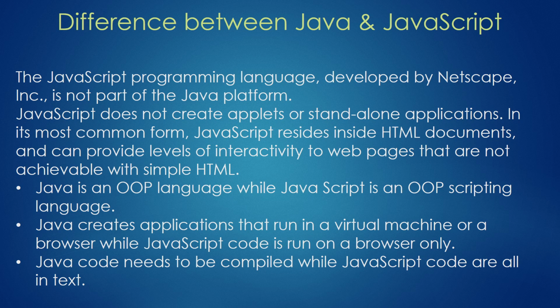Java is an object-oriented programming language, while JavaScript is an object-based scripting language. Java creates applications that run in a virtual machine or browser, while JavaScript code is run on a web browser only. Java code needs to be compiled, while JavaScript code is all in text.